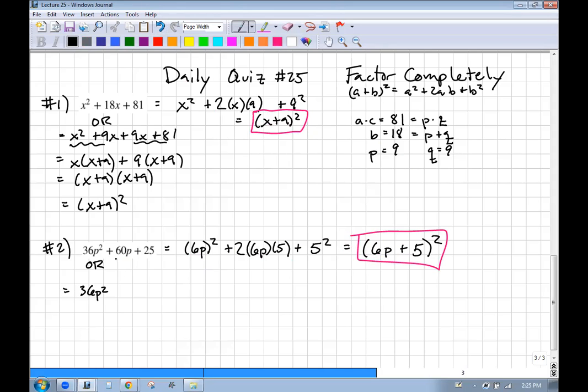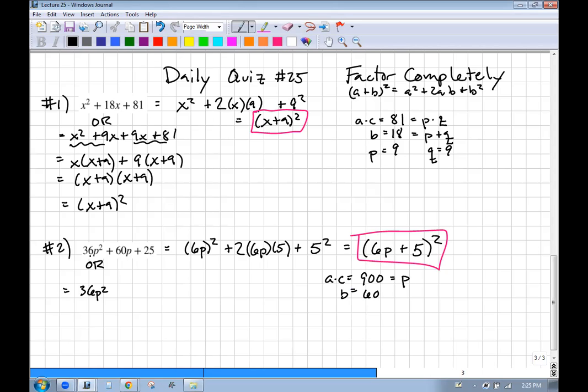Or we could figure out how to break this up using the AC method. A times C, it's going to be a lot harder, right? Because what is A times C here? We have 36 times 25, which is 900. And our B is 60.